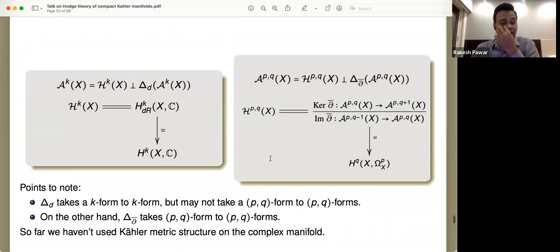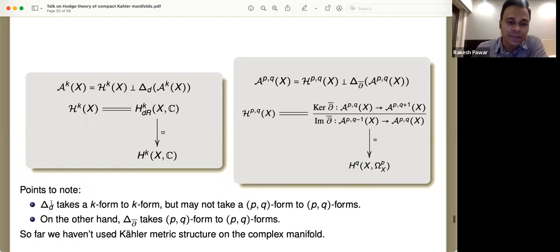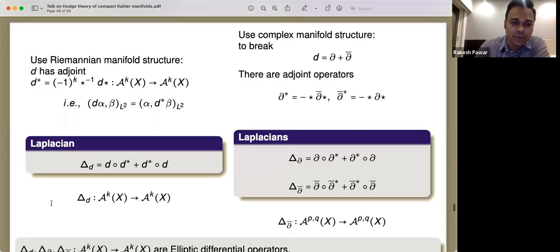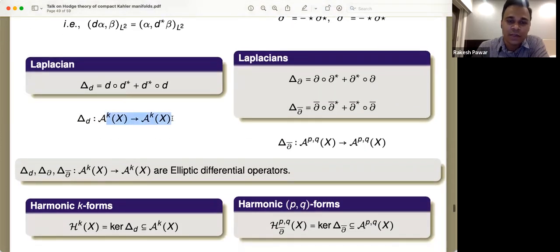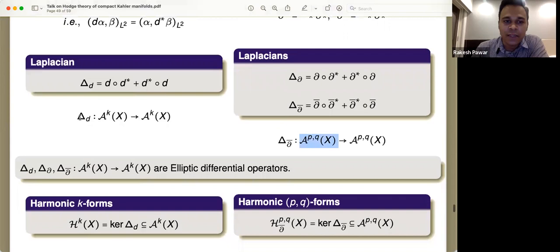Now there is a slight technical problem. If you remember, this Laplacian delta_d is an operator from A^k, and A^k(X) is a direct sum of these A^{p,q}. If I evaluate this operator on an element of type (p,q), it may not go to a differential form of type (p,q).